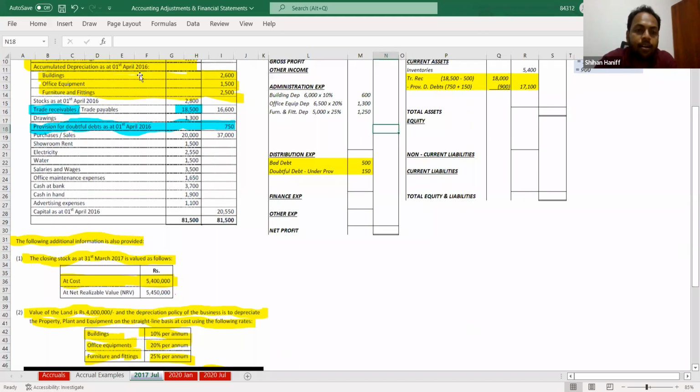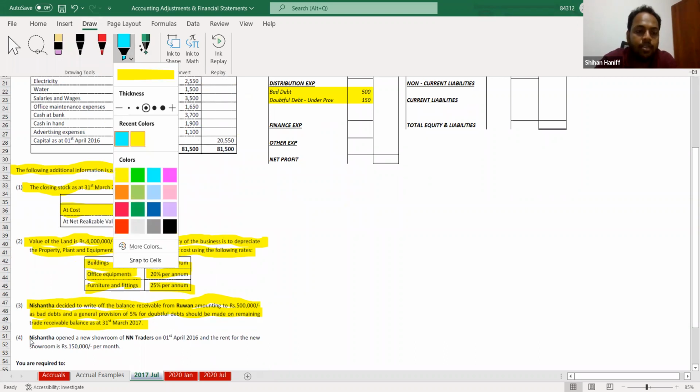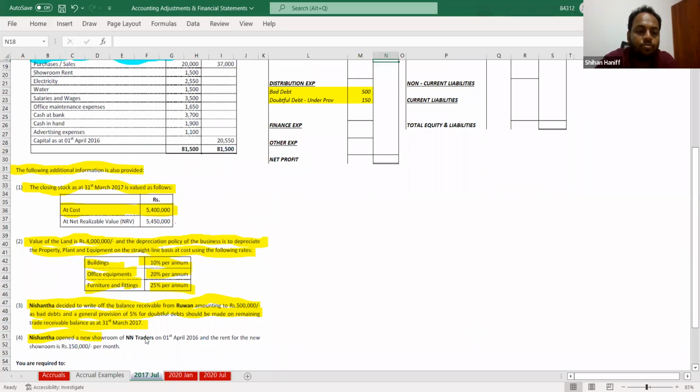Then we have one last adjustment. Nishanta opened a new showroom of NN Traders on 1st April 2016. That is the beginning of the year. For the new showroom, the rent is 150,000 per month.